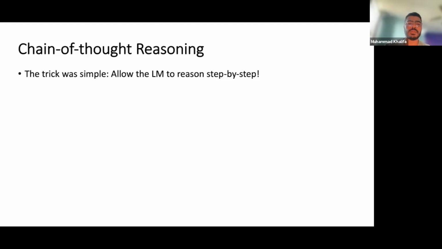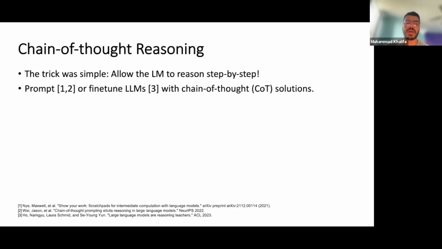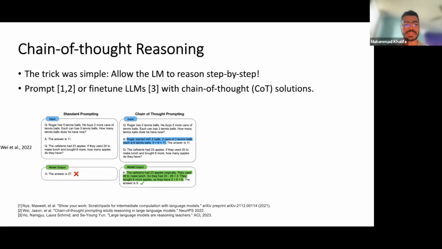And the trick to solve this was simple. Basically, allow the language model to reason step by step. You can either prompt the language model or fine-tune it with what people refer to as chain of thought solutions. To give a concrete example, standard prompting would involve giving the language model a question and the final answer.